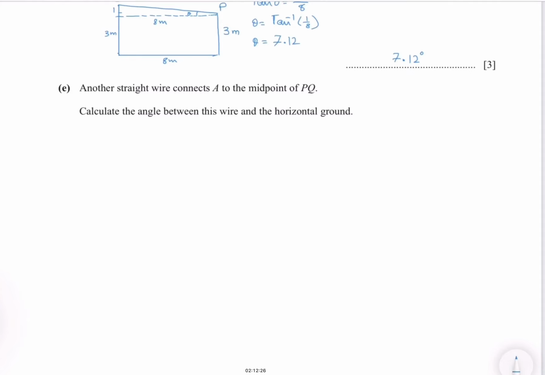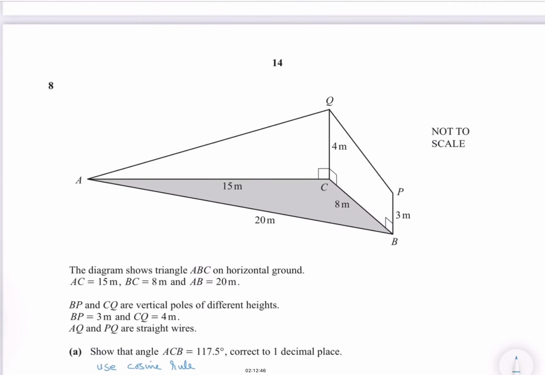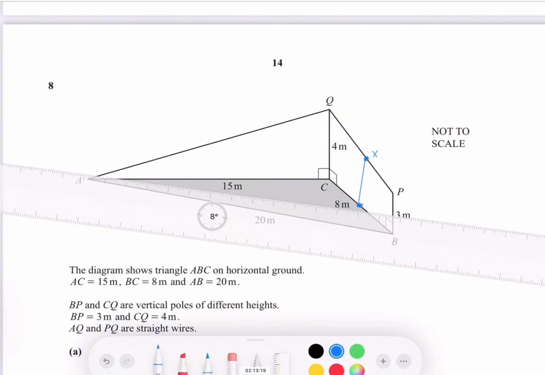Alright, we have to go back to the diagram and look, this blue point is a midpoint of PQ or QP. I name it X. And down there, this is also the midpoint of BC.